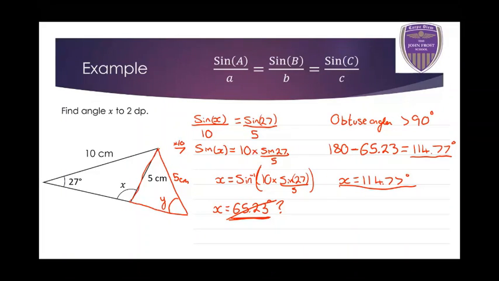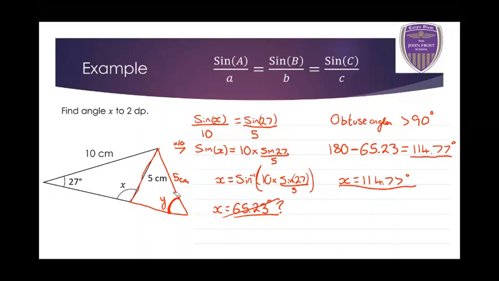Because this angle we found here, 65.23, is the angle if it was an acute angle, or an angle less than 90 degrees. But because the angle x was bigger than 90 degrees, you have to take this answer away from 180, and that will give you the true answer for x.